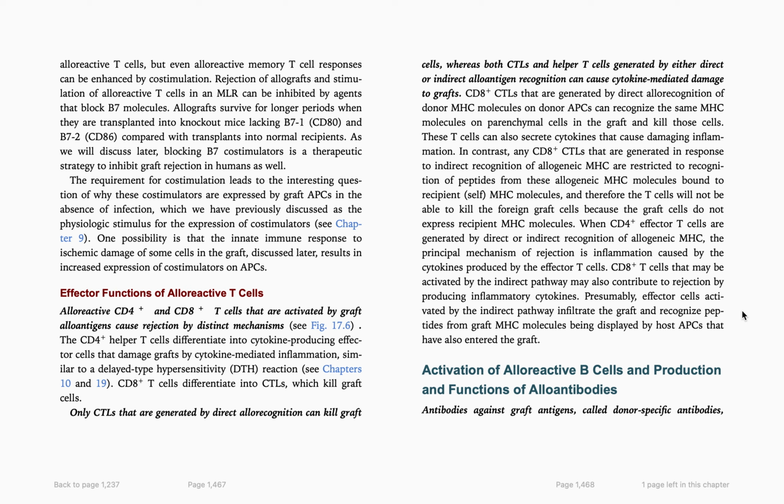These T cells can also secrete cytokines that cause damaging inflammation. In contrast, CD8 cytotoxic T cells that are generated in response to indirect recognition of allogeneic MHC are restricted to recognition of peptides from these allogeneic MHC molecules bound to recipient self MHC molecules, and therefore these T cells will not be able to kill the foreign graft cells, because the graft cells do not express recipient MHC molecules.